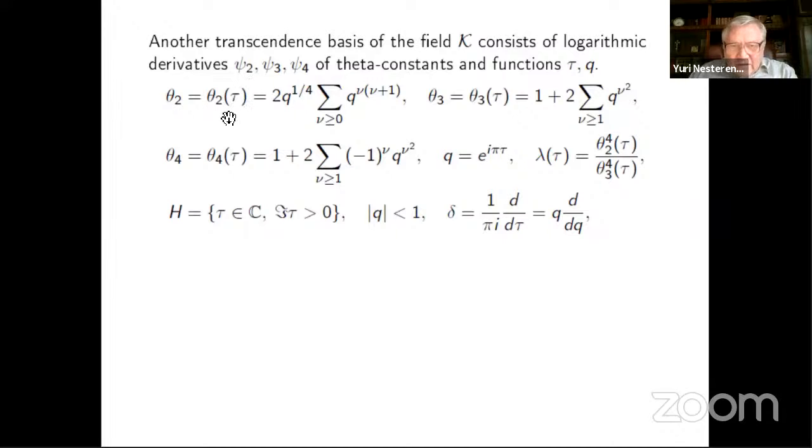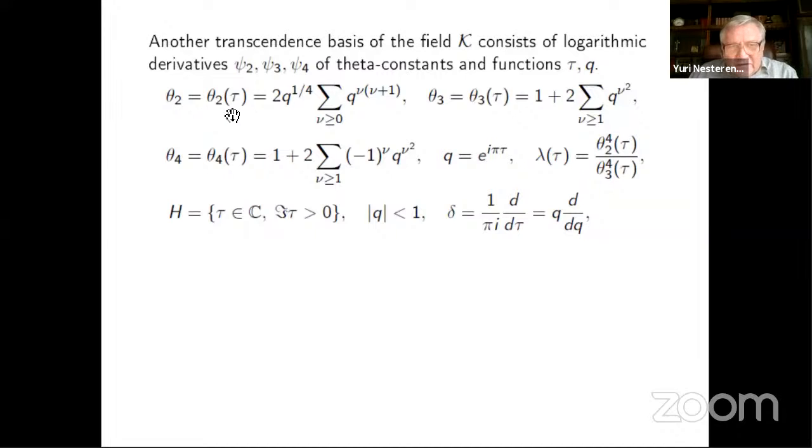The theta function is a function in two variables, z and tau. If we substitute some combination of tau instead of z, we derive three basic theta constants.